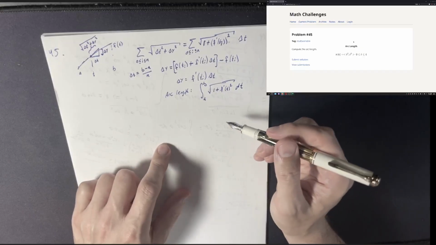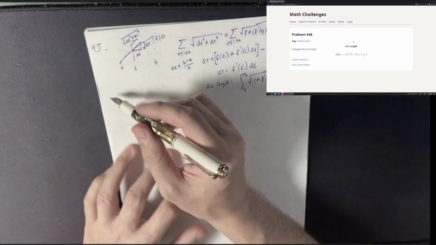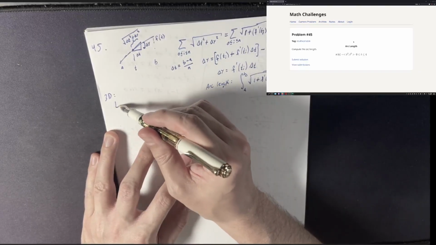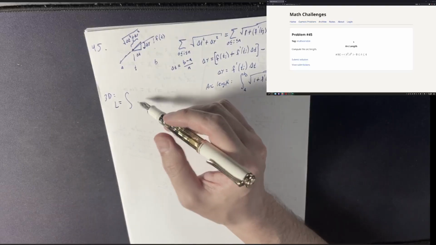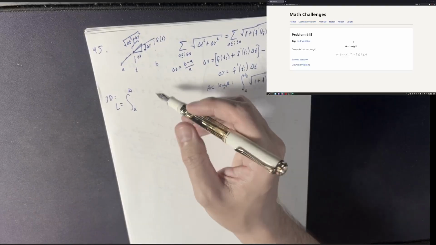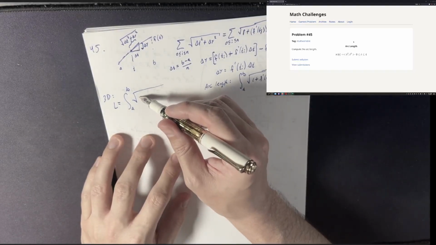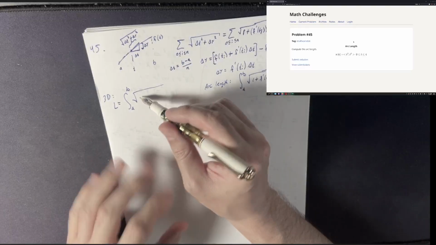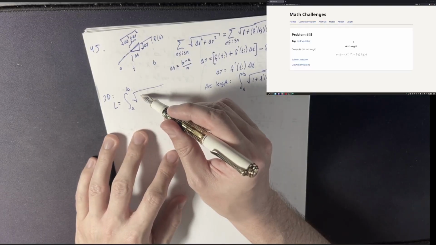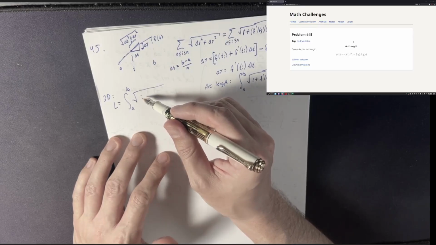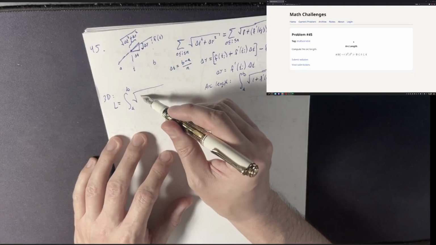Okay? Now we're actually using the 3D version, that the arc length will be, well, let's write it as, say, we could put f_x here, or whatever you want to put.